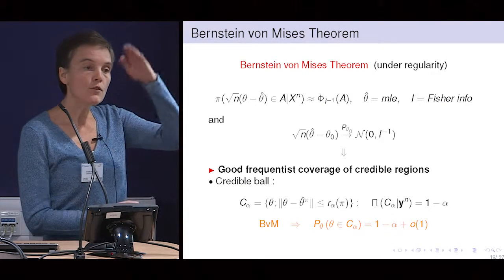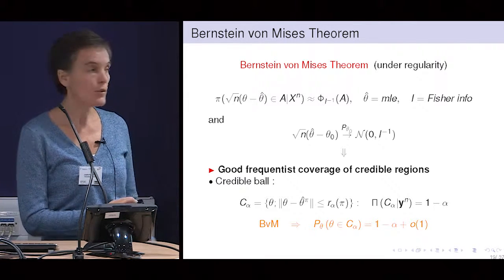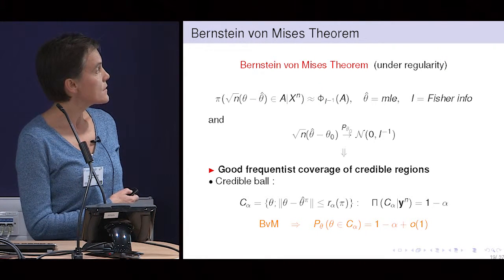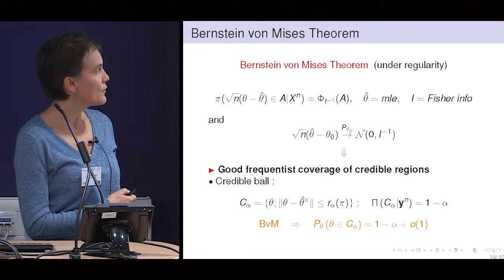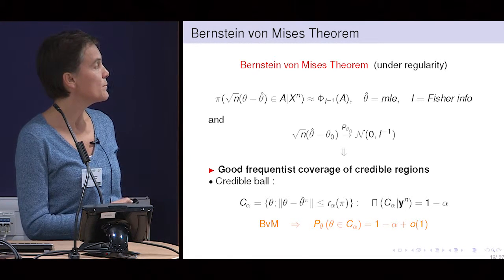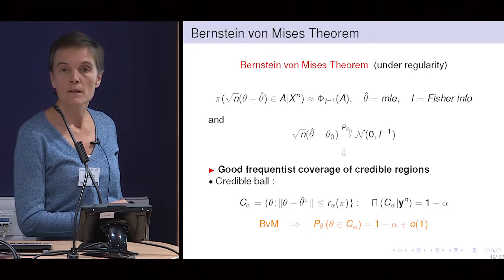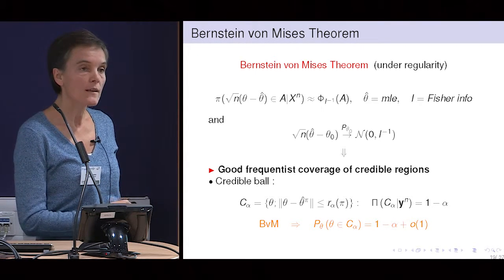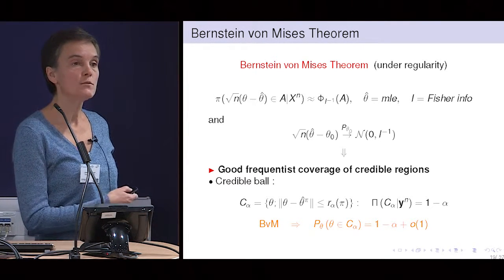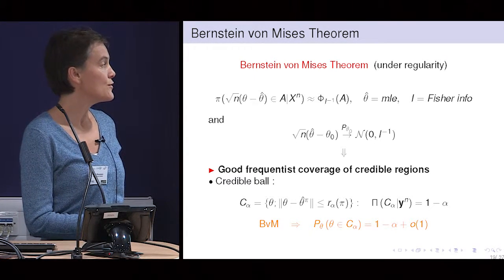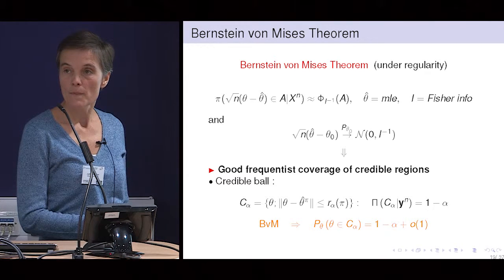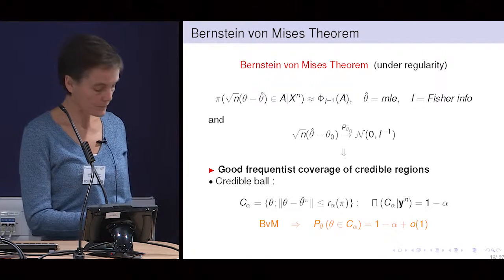Not only do you have a Gaussian shape, the mean of this posterior distribution is the MLE, and the asymptotic posterior variance is the same as the asymptotic frequentist variance of the MLE. And this duality, the fact that you have the same behavior in the frequentist and the Bayesian worlds, will induce the fact that credible regions will also be confidence regions. And that's the magic of it.